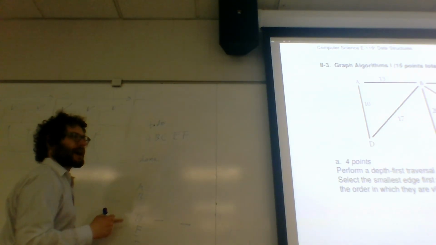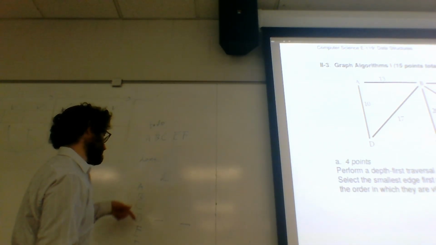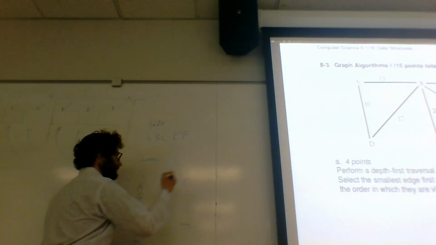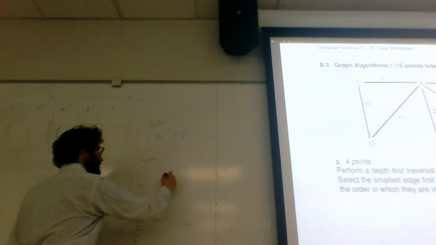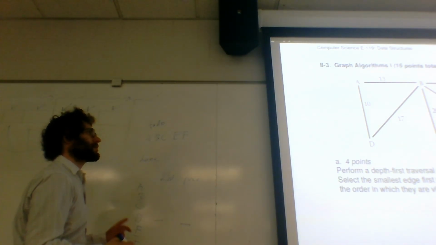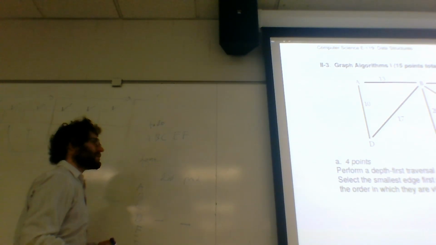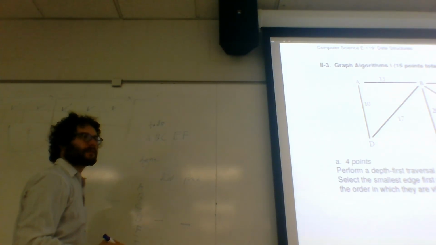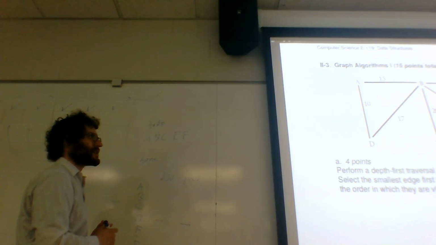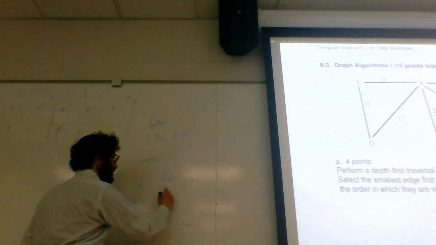And then we initialize these maps: distance over here, and then the predecessor. So we initialize this, starting from D. What are D's neighbors? They are A and B, which have 10 and 17.